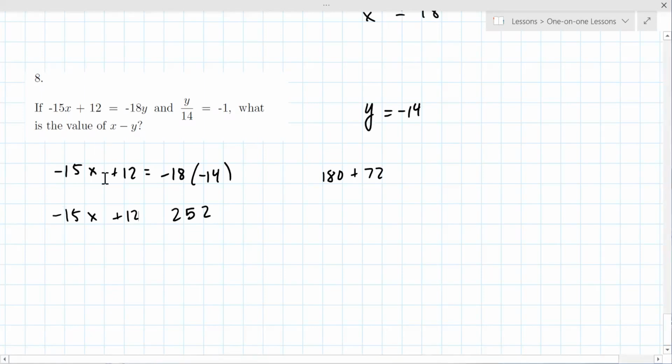For the subtraction of them, yes, it should be positive 2.